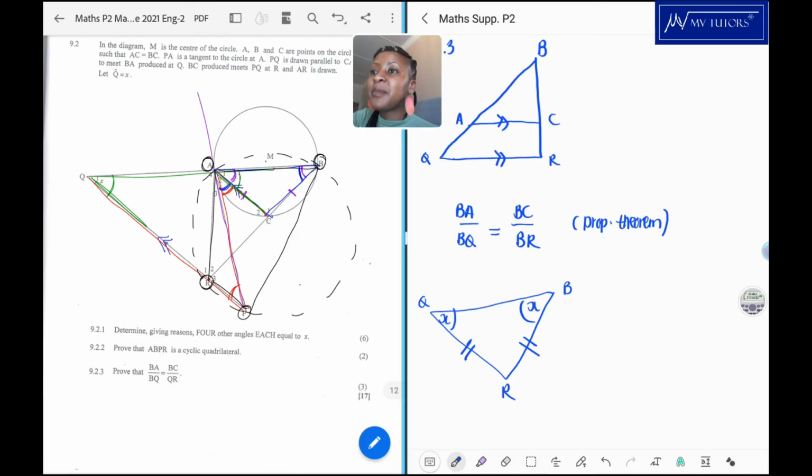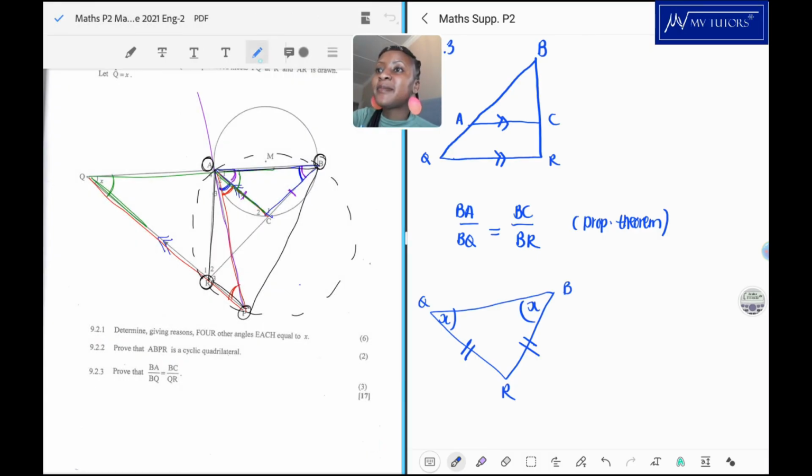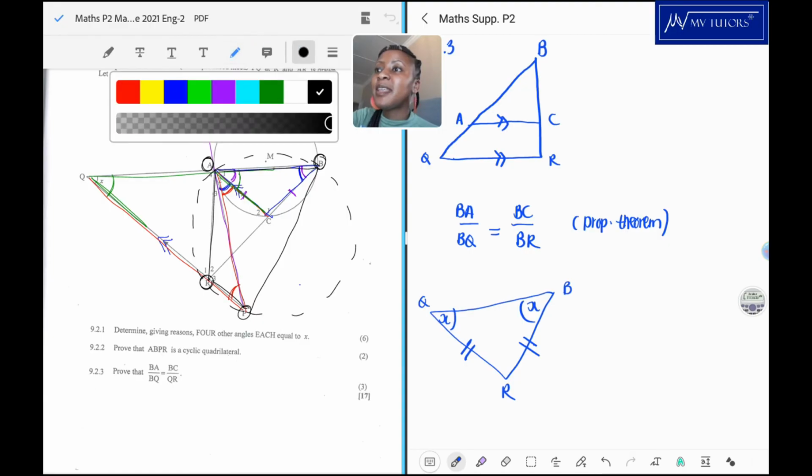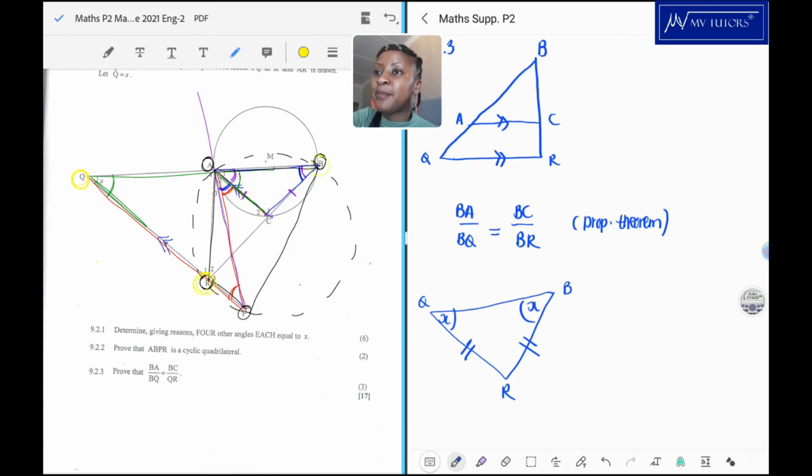So let me just try use a different color. Yellow, I hope it'll be visible. So I have Q there, I have R, I have B. So that is my triangle, and we know that Q is equal to B, not P. Oh, my bad. So yes, it's actually R. So I know that QR is actually equal to BR. Why?